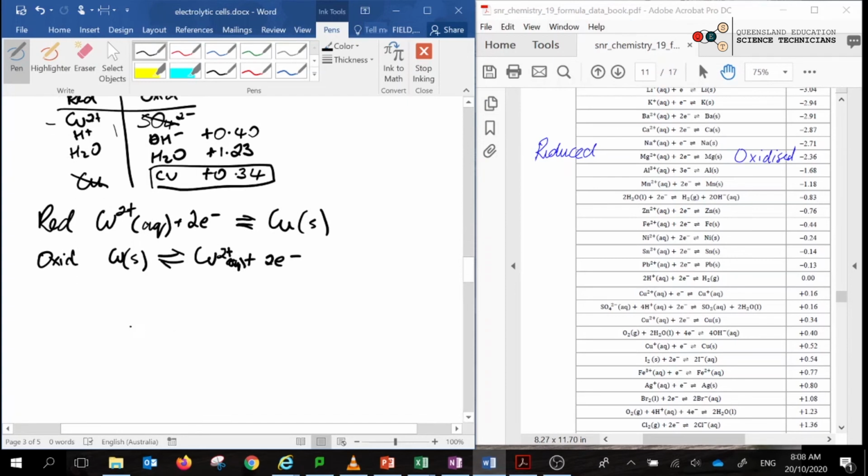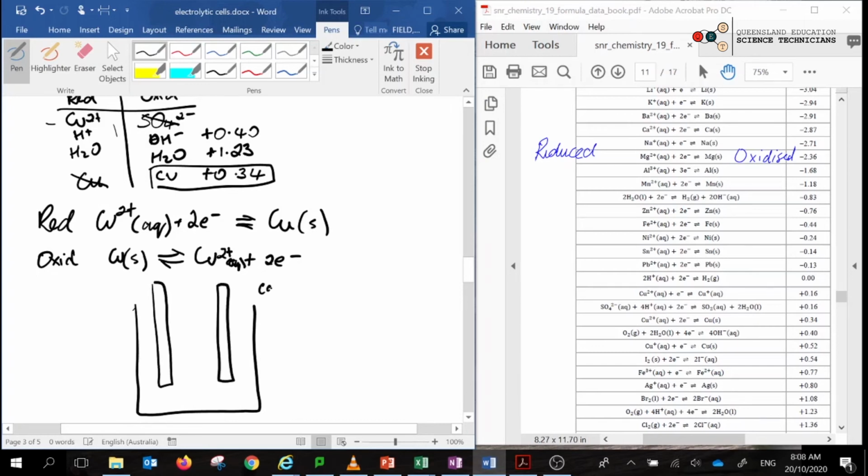This actually makes sense if you look at what's happening. So if we have our electrodes, and in this case my cathode and my anode are both copper metal, and we have our solution of copper sulfate. So remembering that over here we have our copper 2 plus, and this is where our sulfate would have gone.